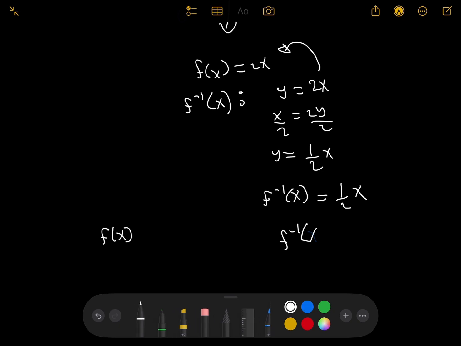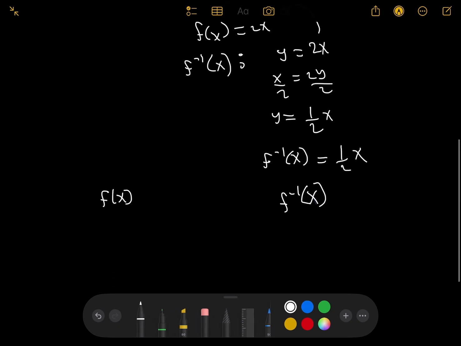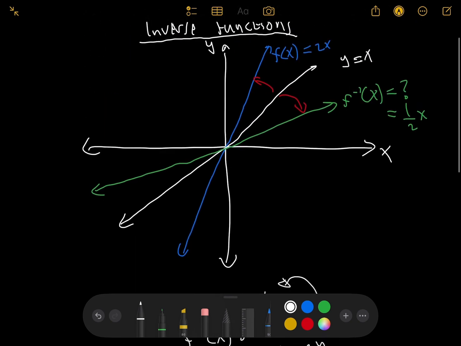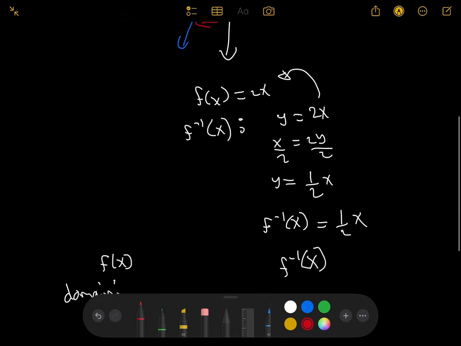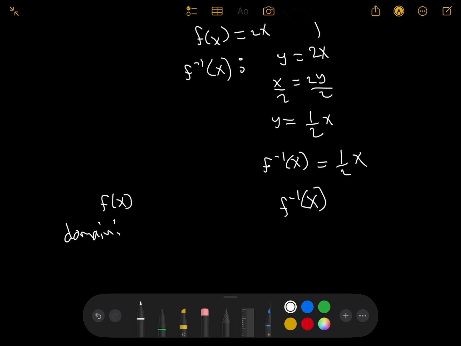Speaking about the domain, we know that the domain for the first graph, the blue graph, goes all the way to the negative x and then all the way to the positive x. So the domain is x is an element of the real numbers.